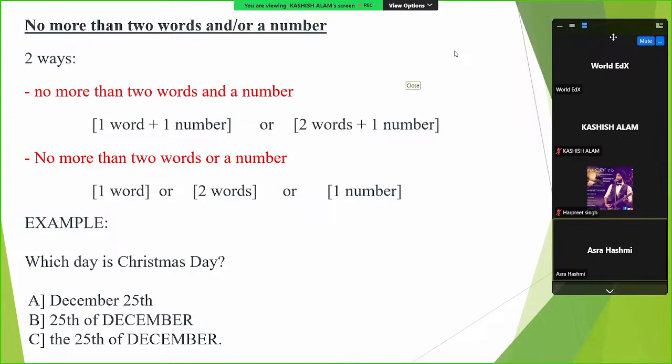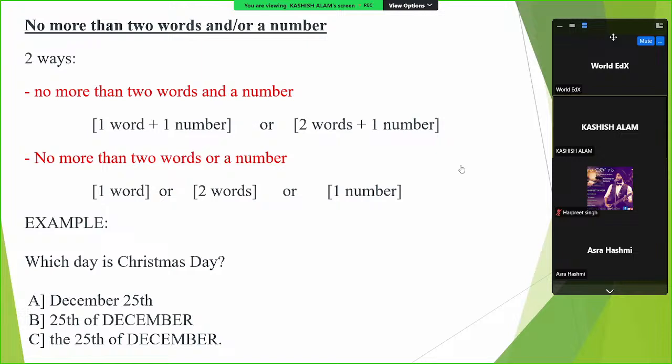Can we show them the correct answer? So they are saying A is the correct answer. No, A would not be the correct answer, because if it is written over there that you can write 25th of December, ma'am, can you come to the next slide and show them the correct answer, please?